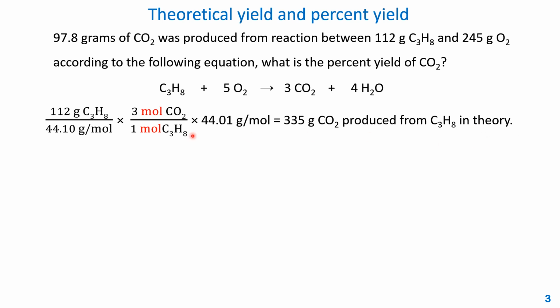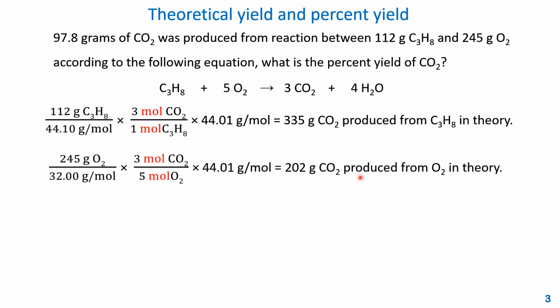Again, in theory. And then we can calculate how many grams of carbon dioxide can possibly be produced from the oxygen, 245 grams of oxygen. So another stoichiometry: 245 grams of oxygen divided by the molar mass of oxygen, and then convert the moles of oxygen to moles of carbon dioxide. Again, the mole ratio is 3 to 5. And then multiply by the molar mass of carbon dioxide.